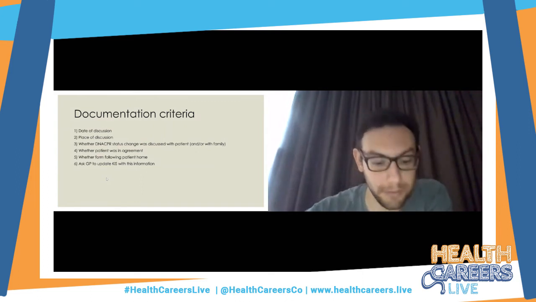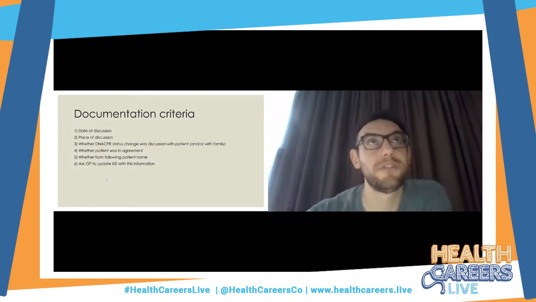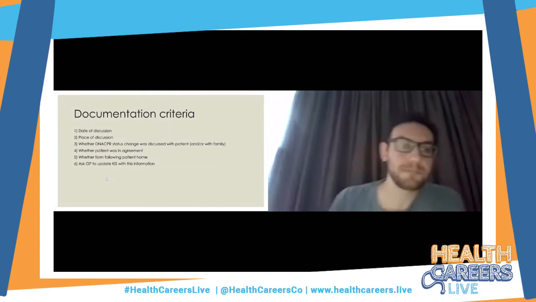So for each of the patients, we actually went through the notes, and we went through all the notes during the admission to see actually was there a conversation. Did that conversation then find itself on the discharge summary? And then how well was that documented on discharge summary? So did they include those 6 criteria, or how many of the criteria did they include?